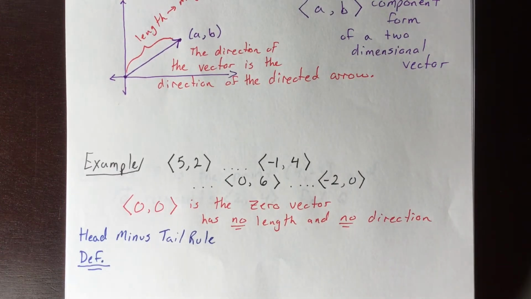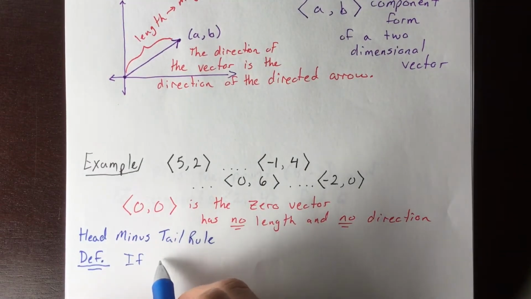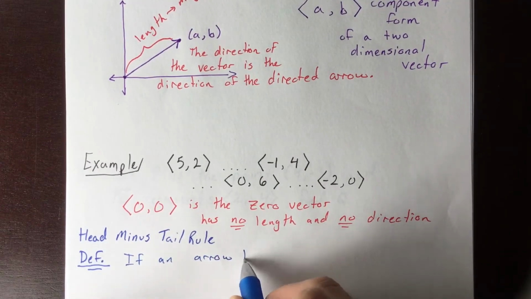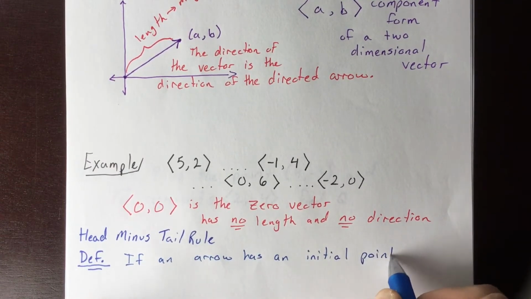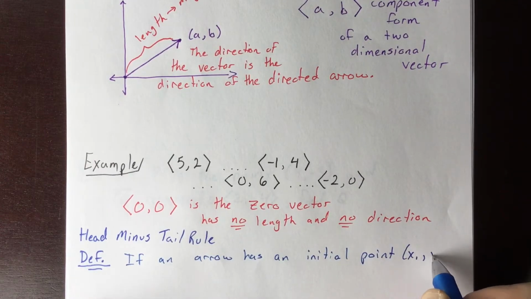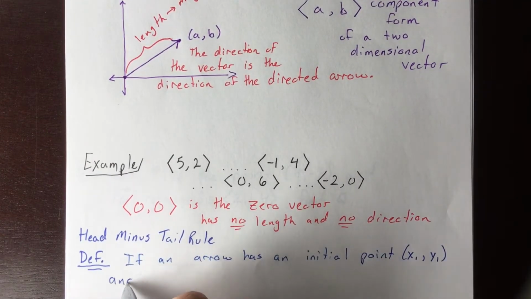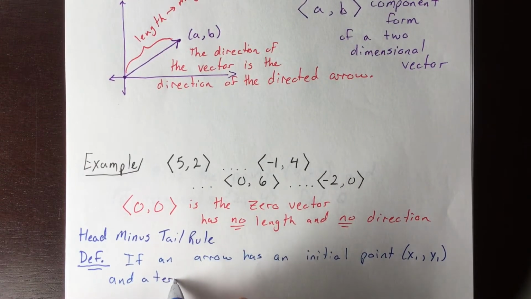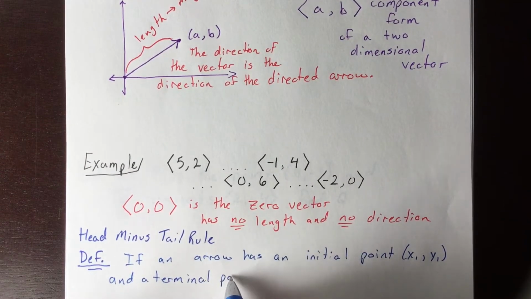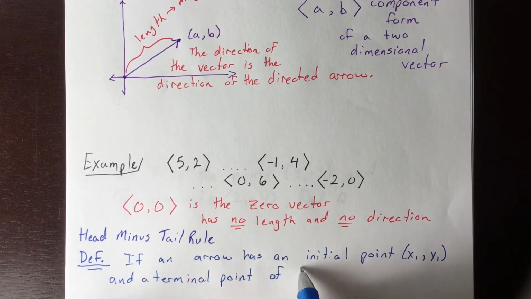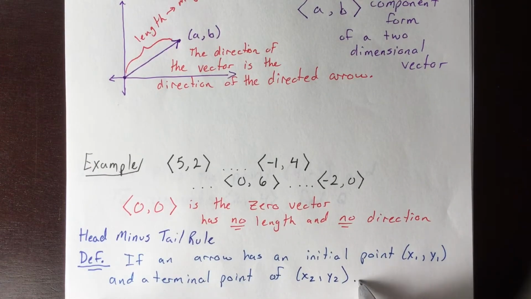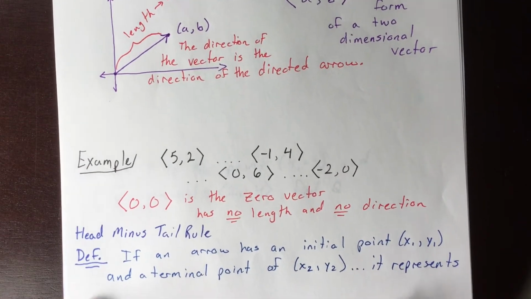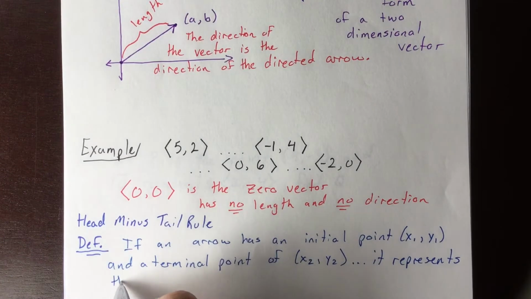Okay, so the definition we're going to write here is if an arrow has an initial point, say x1, y1, and a terminal point, meaning an endpoint, of x2, y2, it represents the vector.